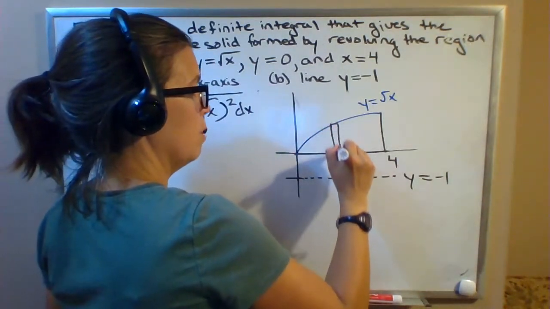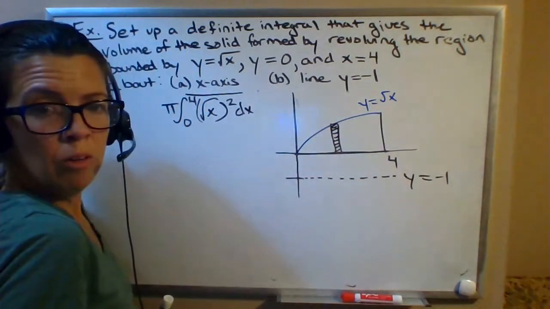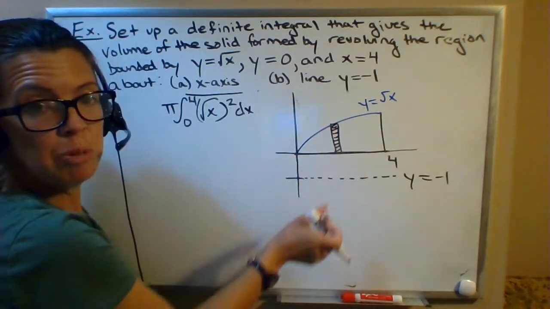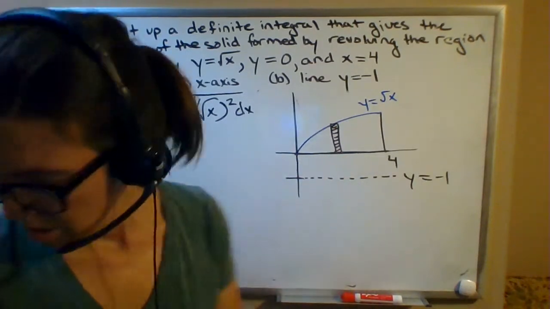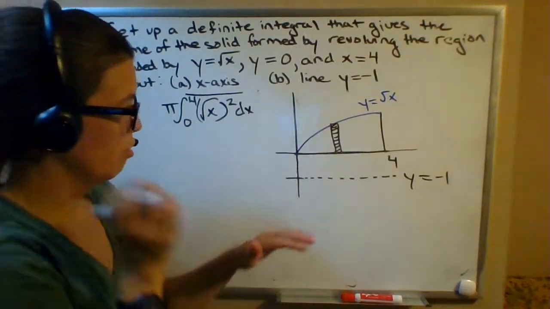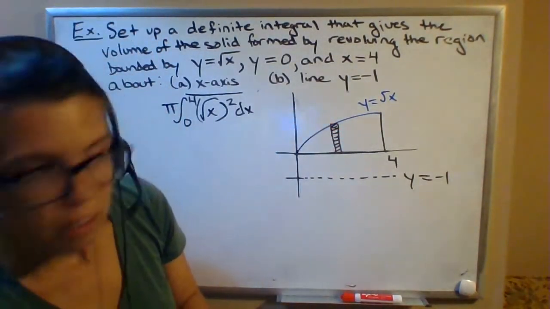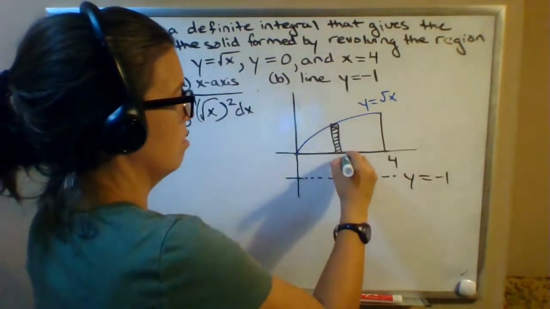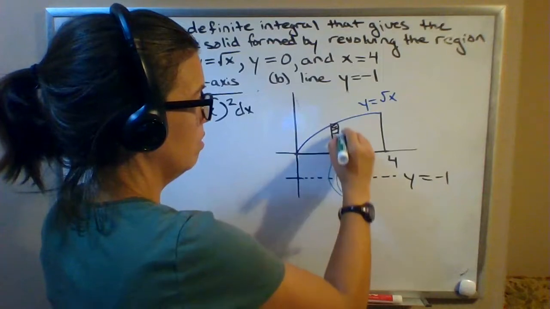Same sample rectangle here. So now notice you've got this empty space between the axis of revolution and where your region stops. So when that happens, we're actually using a slightly different method here. When you revolve it, you're going to have a hole in the middle of your solid.